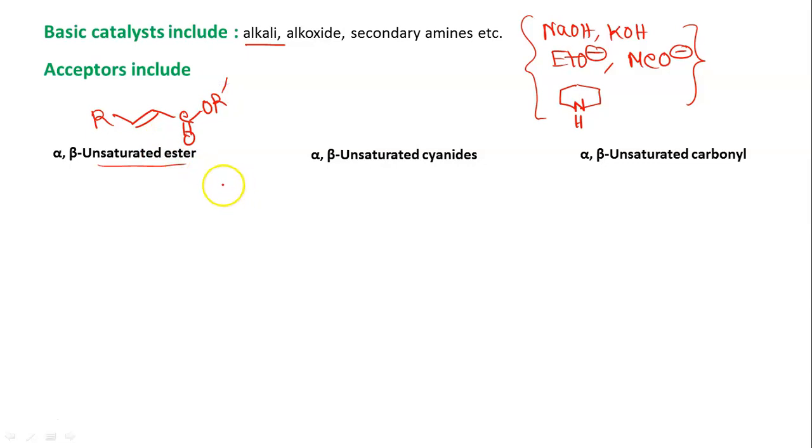So this is alpha beta unsaturated ester. With respect to the ester group, this is the alpha carbon, this is the beta carbon. Then we can have alpha beta unsaturated cyanide, that is C=C double bond attached to a cyano group. And another acceptor that we can have is alpha beta unsaturated simple carbonyl compound, COR prime. So these are some examples of acceptors.